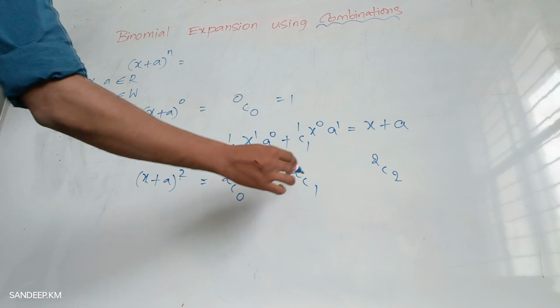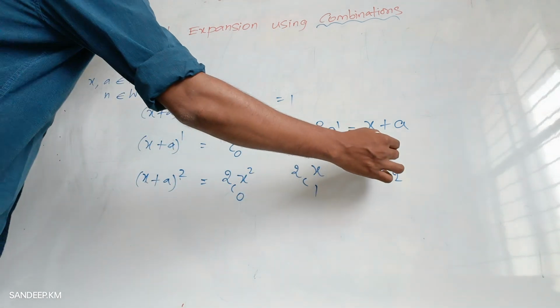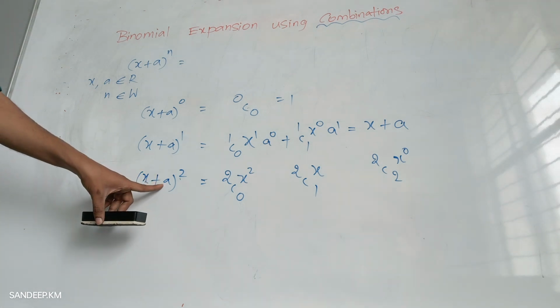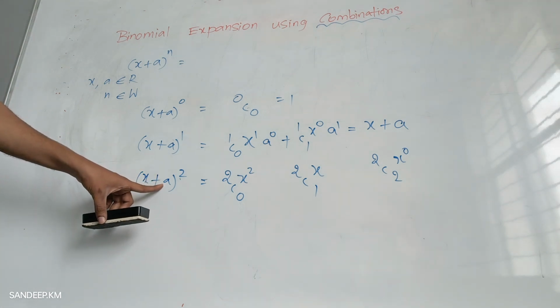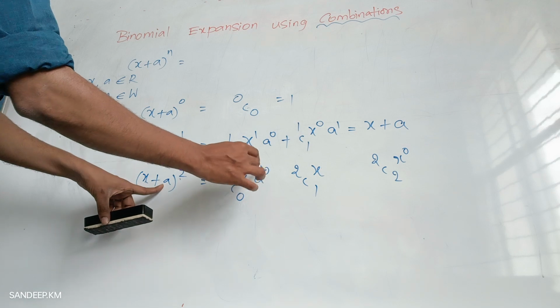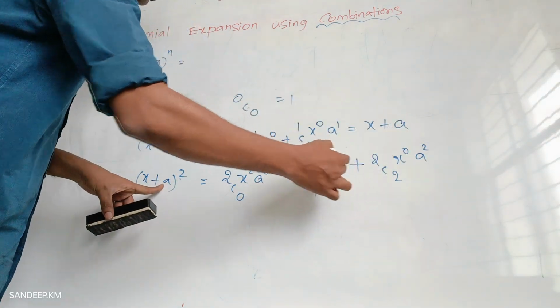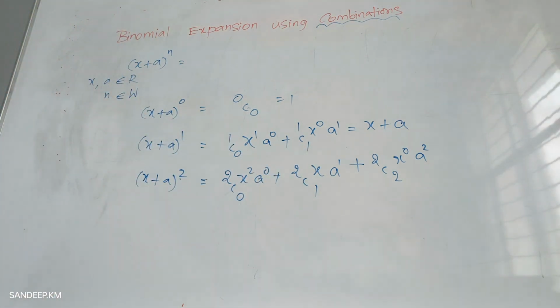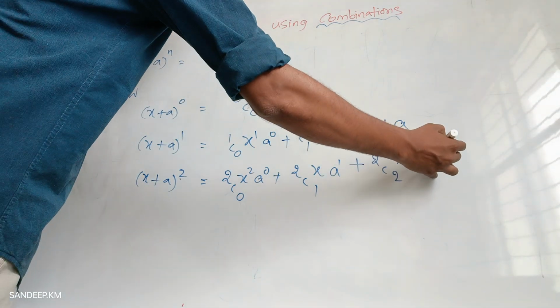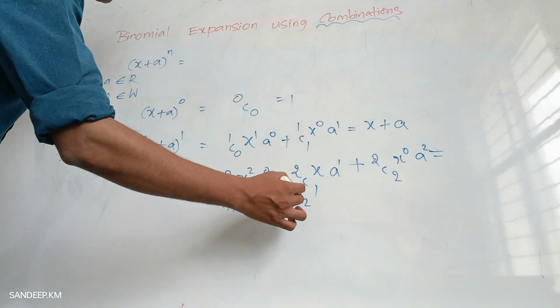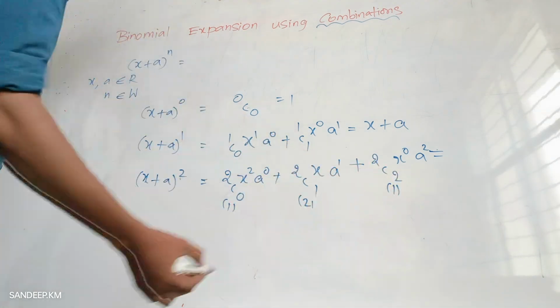So x square, x power 1 and x power 0. Next we will write the powers of a in increasing order: a power 0, a power 1, a power 2. Then keep the plus sign in between them. So if you simplify it, 2C0 value is 1, 2C1 value is 2 and 2C2 value is 1.